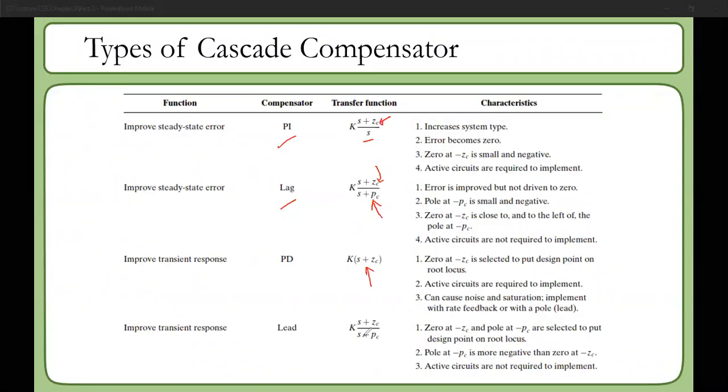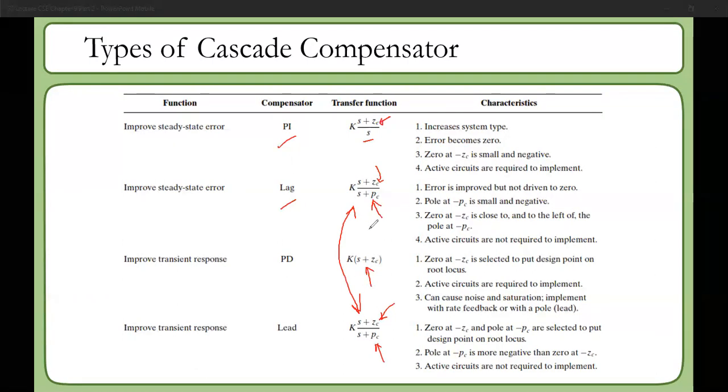Another way is the lead compensator, and that is you have a zero. This time zero is not that close, but comparatively closer to the origin than your pole. So as you can see, these two are actually the same transfer function. There is hardly any difference between these two transfer functions.